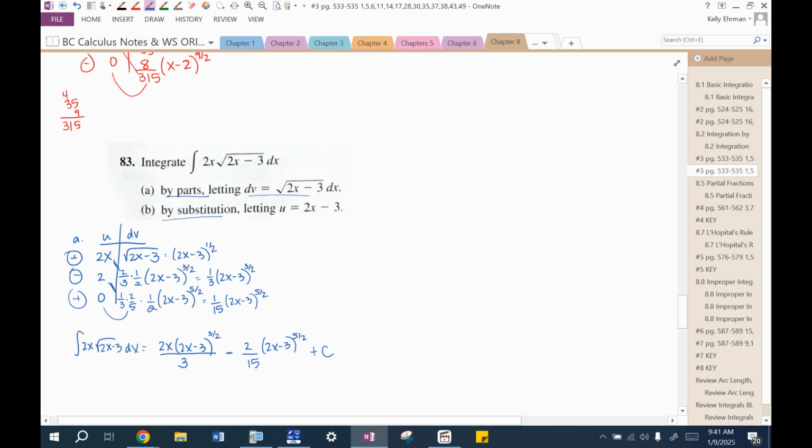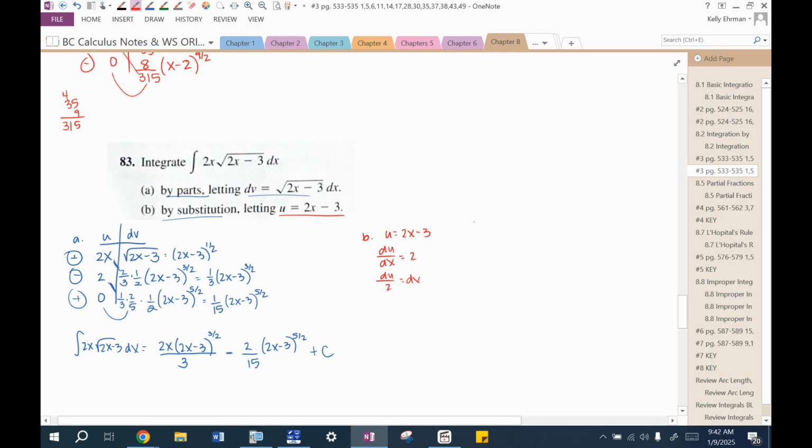Okay, good. So then for part B, do this by substitution, and they're telling you how to u sub. So if u is equal to 2x minus 3, then du dx is equal to 2. So du over 2 will be dx.